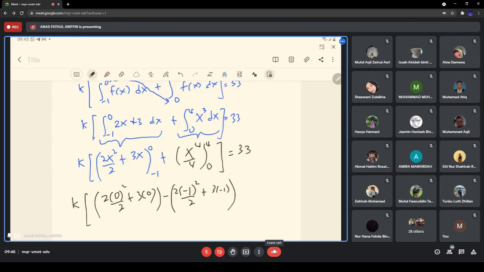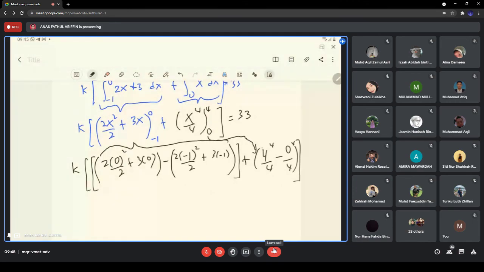Kita buat yang ni dulu, this part. And then this part, we plus 4 power of 4 over 4 minus 0 power of 4 over 4. So semua ni tadi kita multiply dengan k.